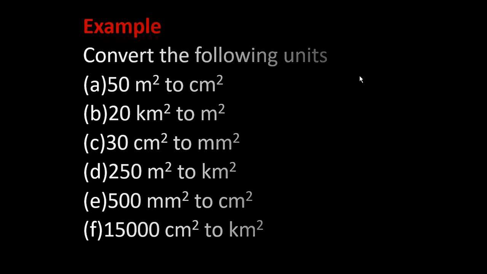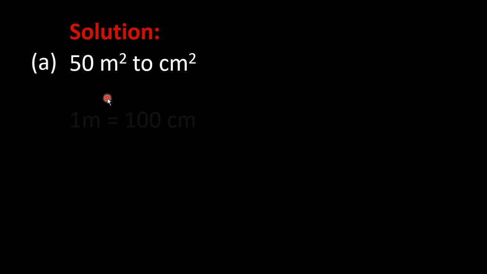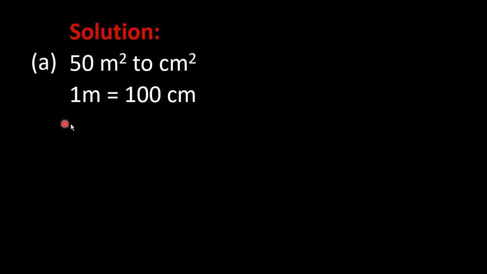Now let's begin by looking at part A, that is 50 meters squared to centimeters squared. Here, first of all we need to know the equivalence of the linear units. Then that will give us the equivalence of the square units. For example, 1 meter is equal to 100 centimeters. And so 1 meter times 1 meter gives you 1 meter squared.